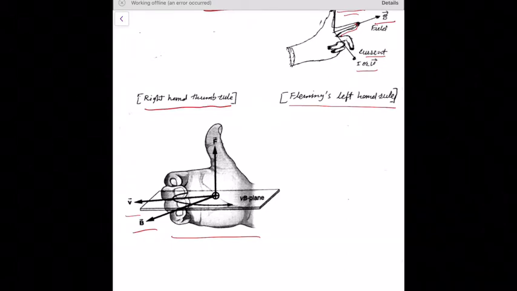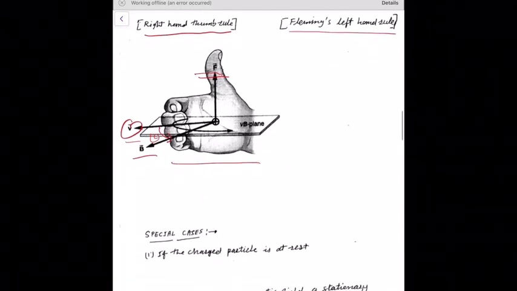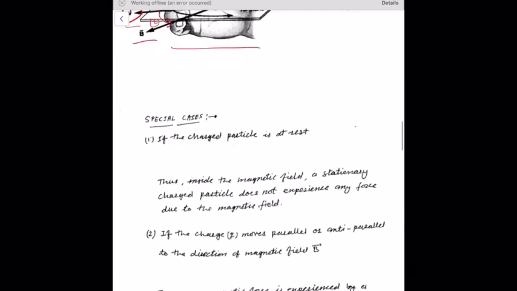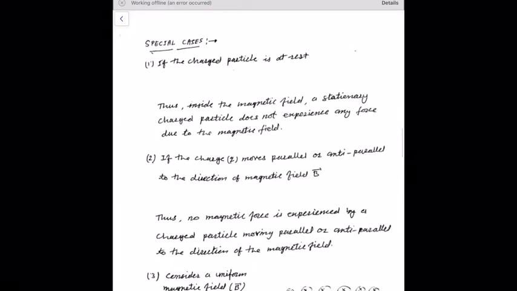Using your right hand, sweep from the velocity towards the magnetic field with your fingers through the smallest angle theta. Then the magnetic force is directed where your thumb is pointing. Clear? Both rules. Okay, so next, special cases.